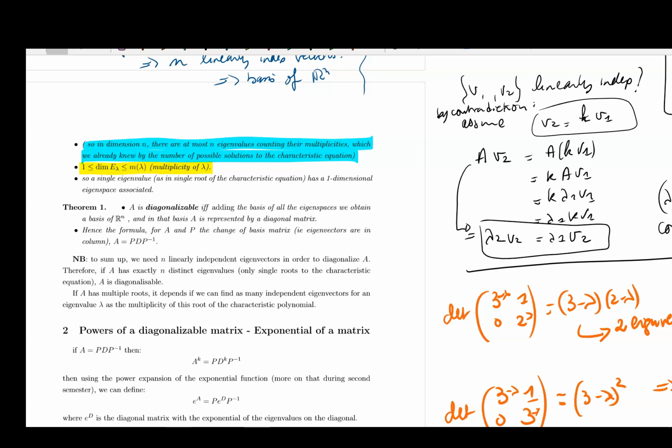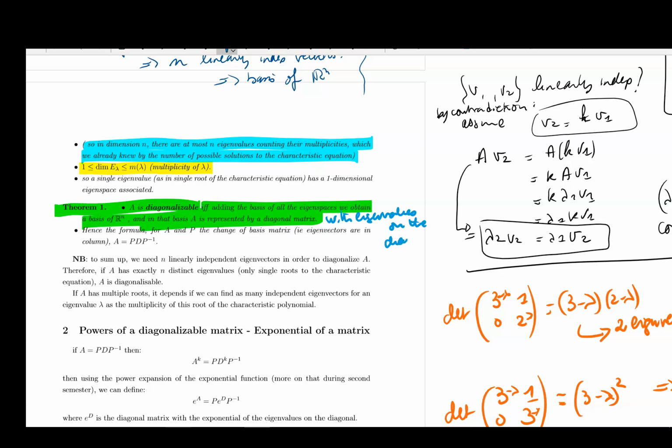All right, so let's come finally to our main theorem and our most important thing. A is diagonalizable if, by adding the bases of all eigenspaces, we obtain a basis of Rn. And in that basis, A is represented by a diagonal matrix, with eigenvalues on the diagonal.